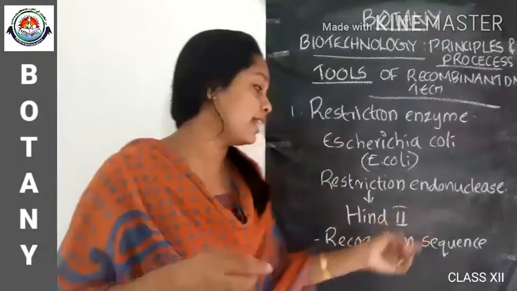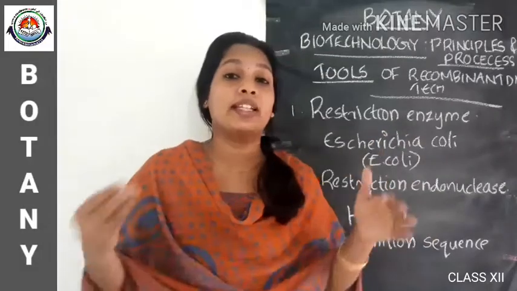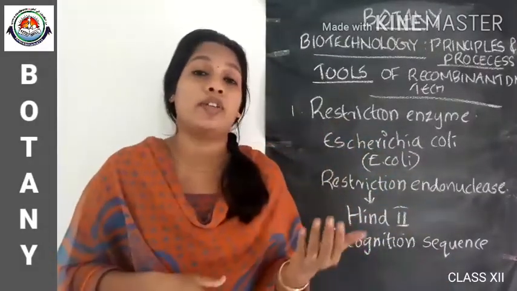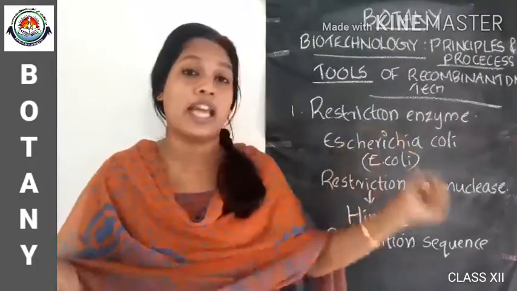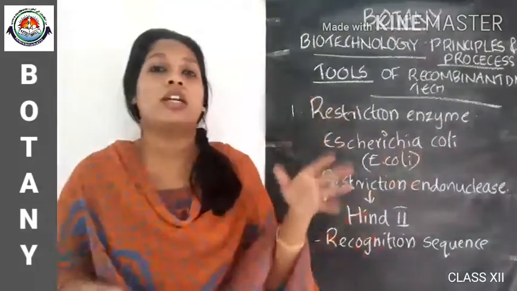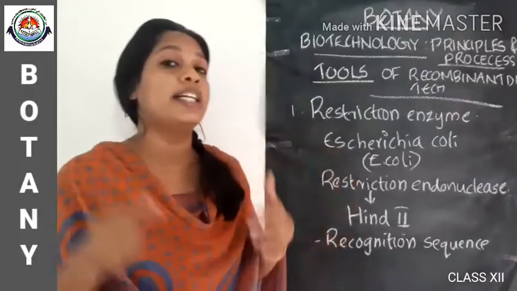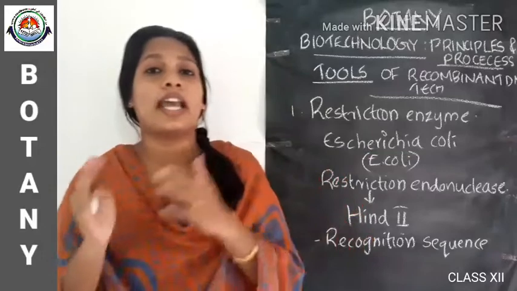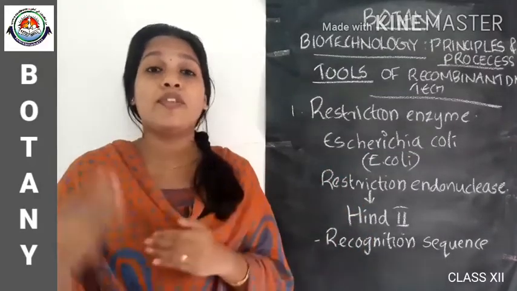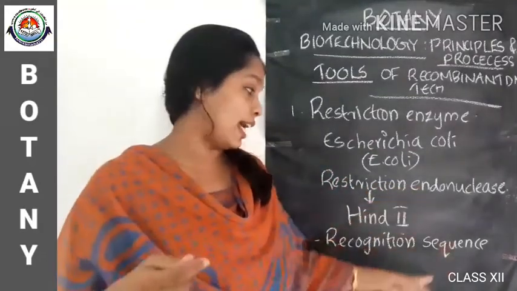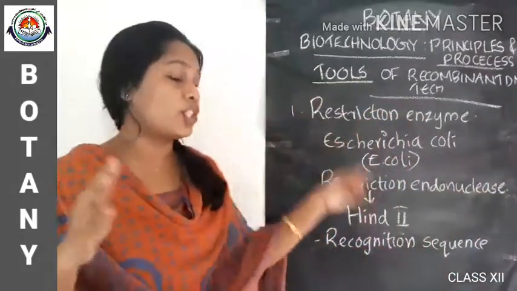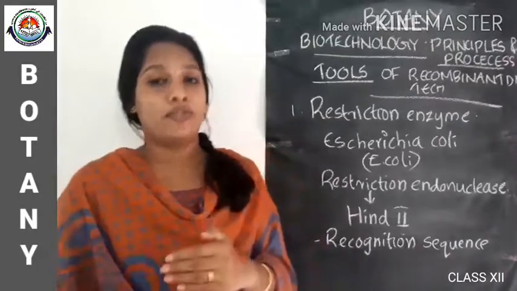Besides this Hind II enzyme, today there are around 900 different kinds of restriction enzymes isolated from around 230 strains of bacteria, and each restriction enzyme has a different recognition site. The recognition sequence of each restriction enzyme will be different.